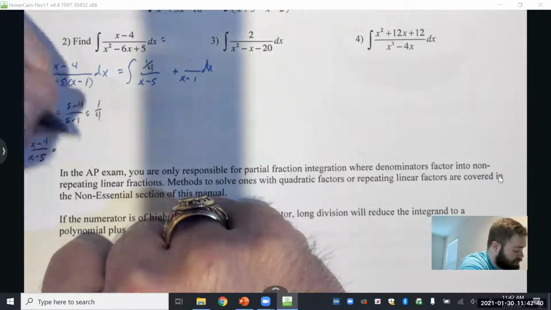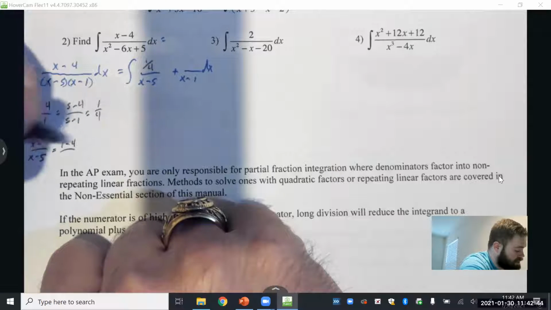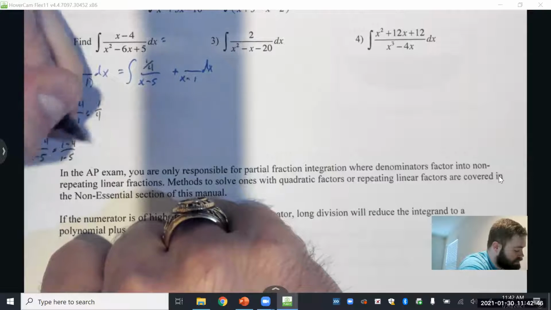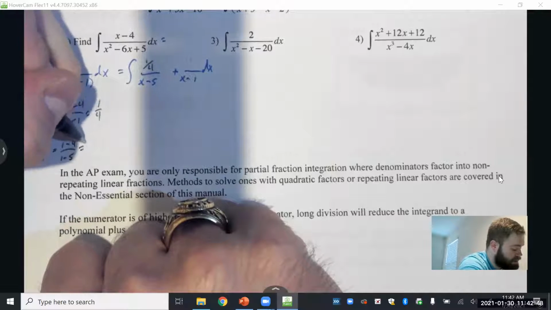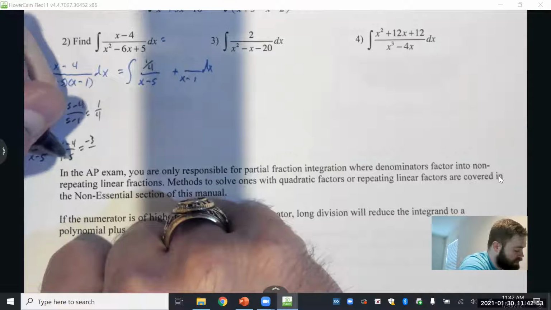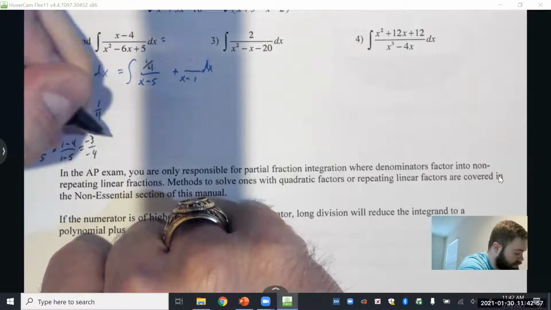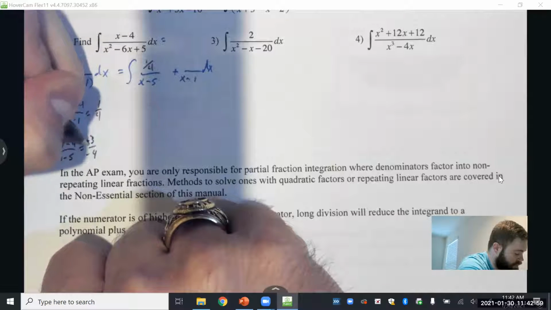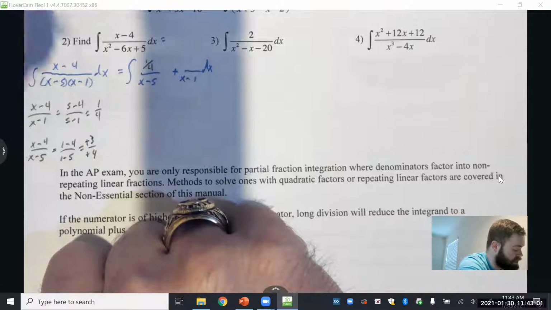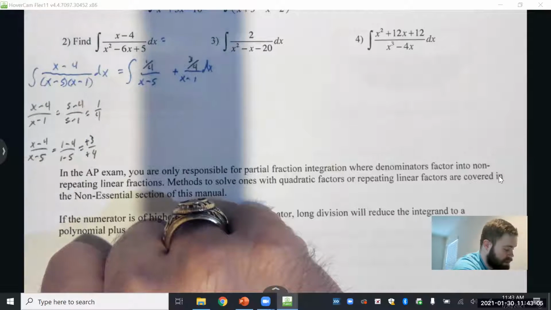So 1 minus 4 over 1 minus 5. 1 minus 4 is -3. 1 minus 5, that is -4. So negative over negative will make it positive. So then 3/4 is the other constant.